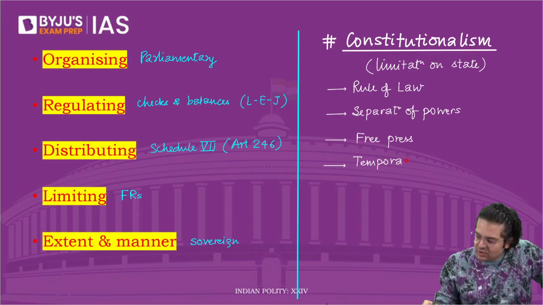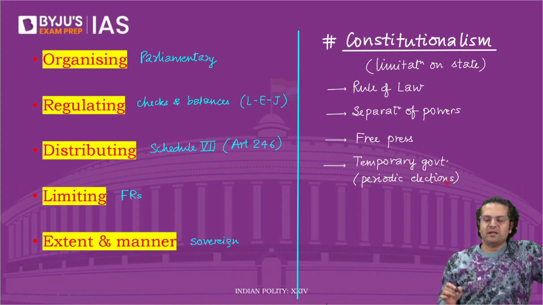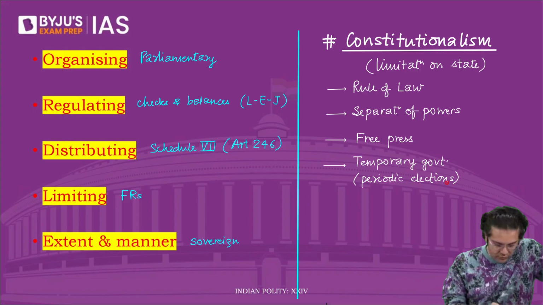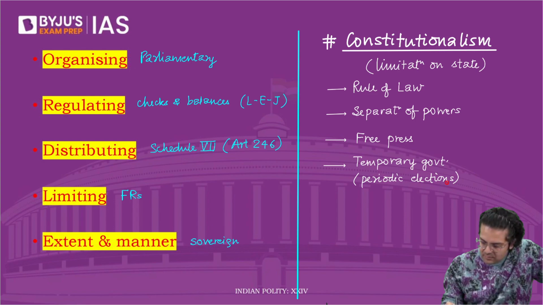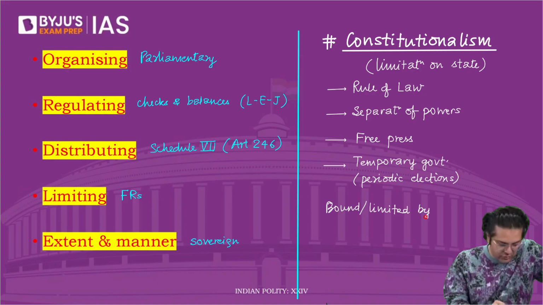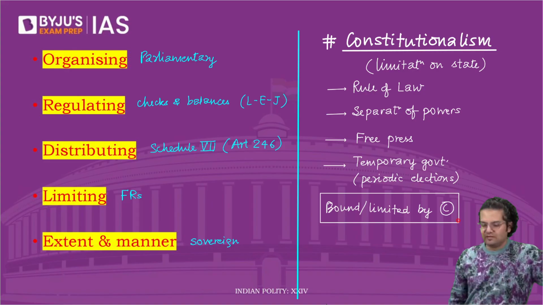Is the government not temporary? We have periodic elections. That is why ultimately everybody is bound by the rule book. So we say bound or limited by the constitution. Constitutionalism. This is the concept.